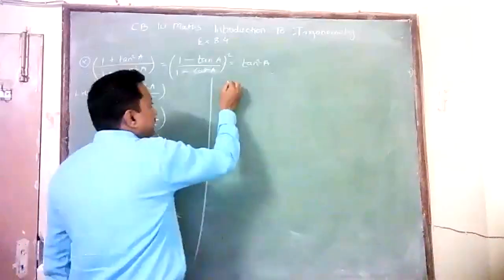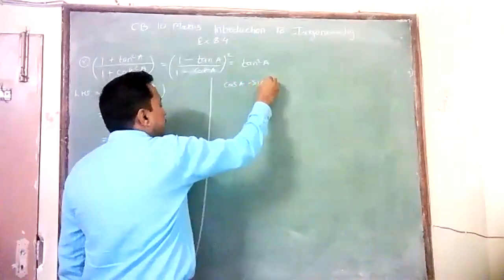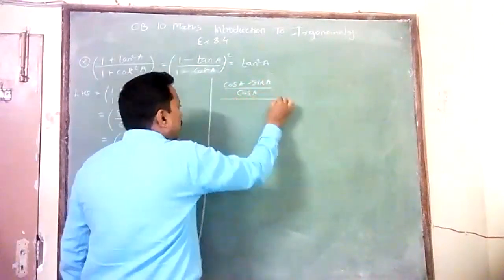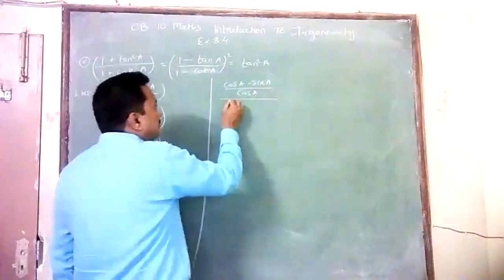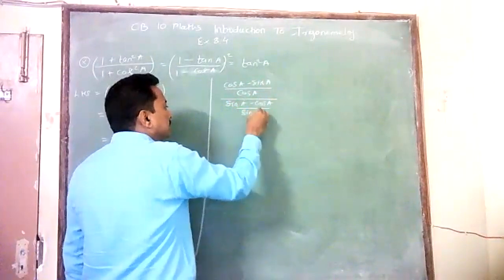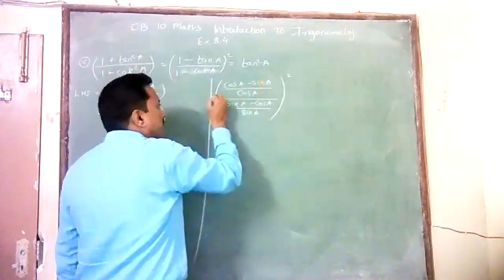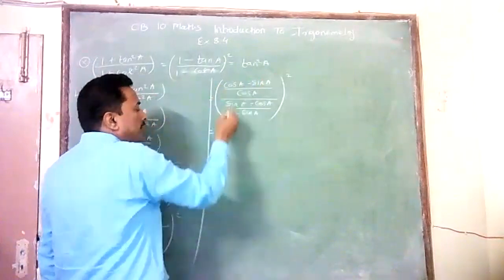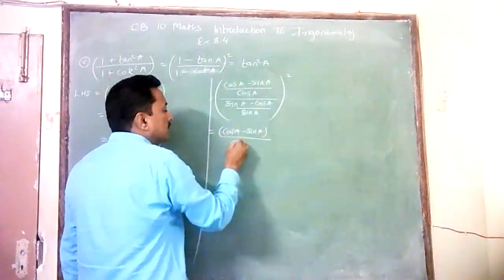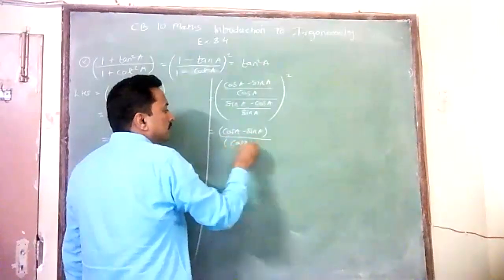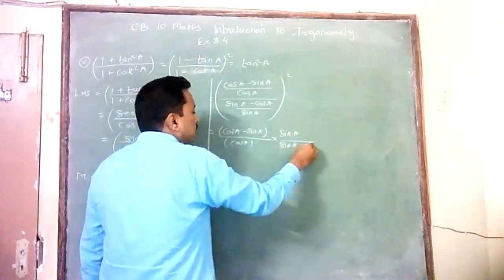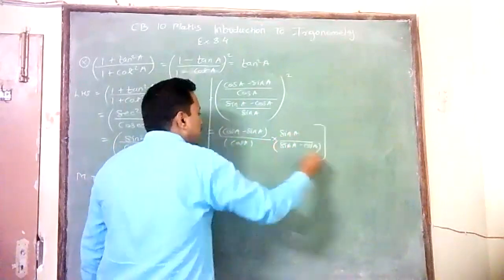Cos a this side, cos a minus sin a upon cos a, denominator sin a minus cos a upon sin a, whole bracket square. Now reciprocal करते हैं: cos a minus sin a upon cos a and into sin a upon sin a minus cos a, whole bracket square.